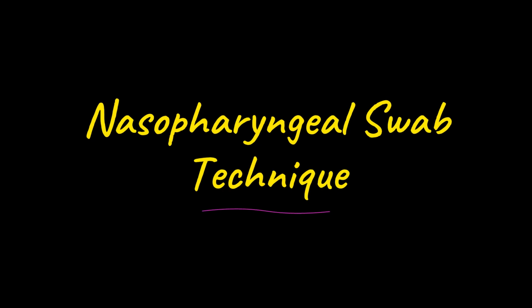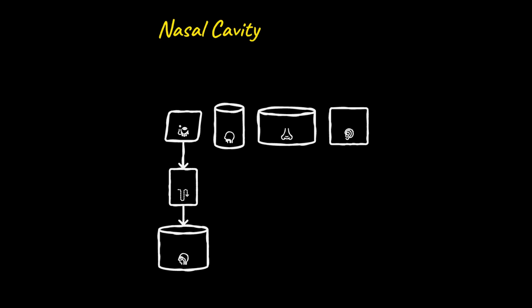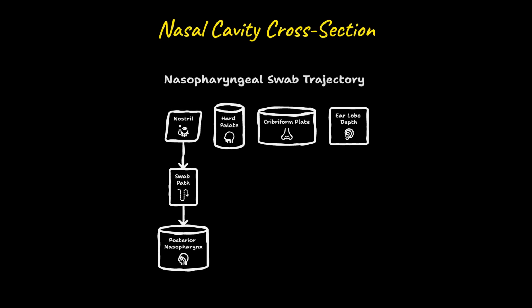Collecting a nasopharyngeal swab correctly depends on understanding the anatomy of the nasal cavity and following a precise insertion trajectory. Getting the angle wrong risks missing the target entirely or causing serious injury. The nasal cavity floor is formed by the hard palate, and the roof is partly formed by the cribriform plate of the ethmoid bone.